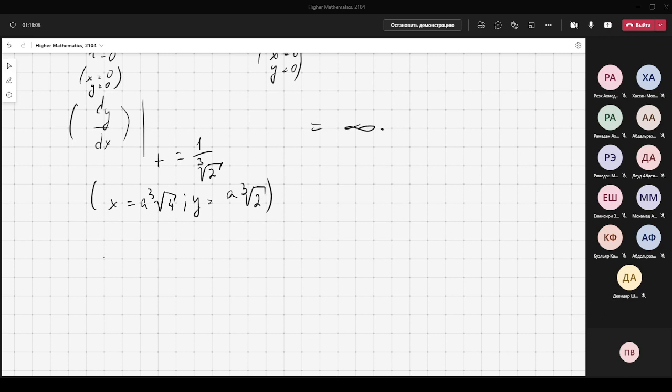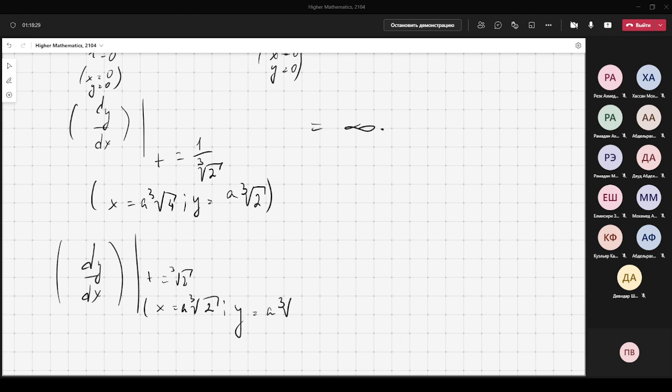Then dy over dx at the point t is cube root of 2, x is a times cube root of 2 and y is a times cube root of 4. It is 0. At this point the tangent to the curve is horizontal.